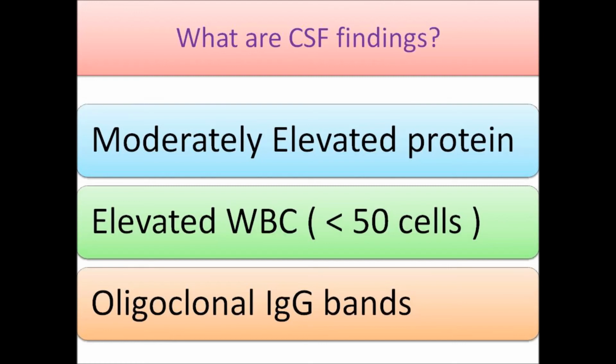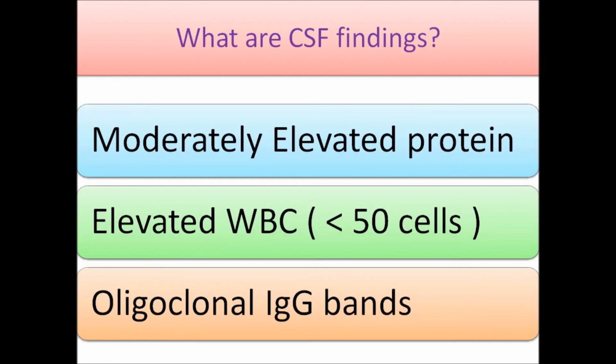Also there are other tests known as the evoked potential electrophysiological tests. These will show delayed response in multiple sclerosis, especially the visual tests. The diagnosis of multiple sclerosis is based on a criteria known as McDonald criteria, which is highly complicated, and I will not discuss it here.